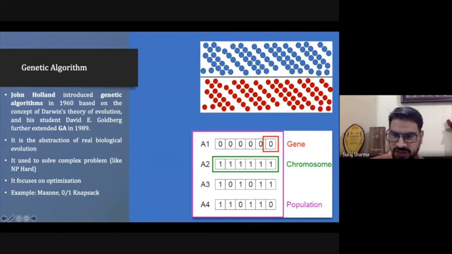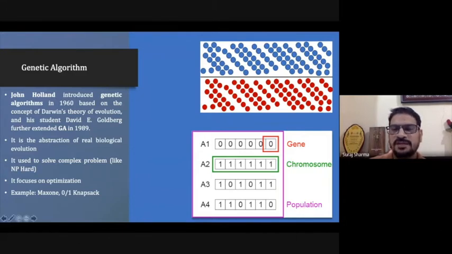So this is a gene, this is a chromosome, and many chromosomes together are called the population. It is just like, let's say, we have four people: 1, 2, 3, 4. One person will be indicated by this, another person by this. So this is called a chromosome. Now in each chromosome we have some genes, and these genes are in the form of, let's say, 0 and 1 or some values.